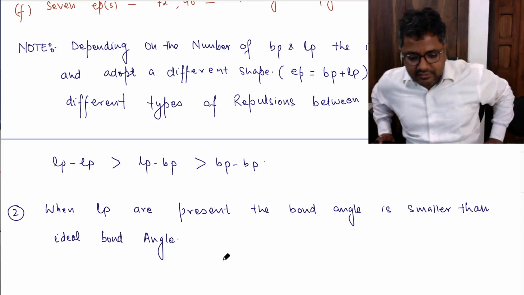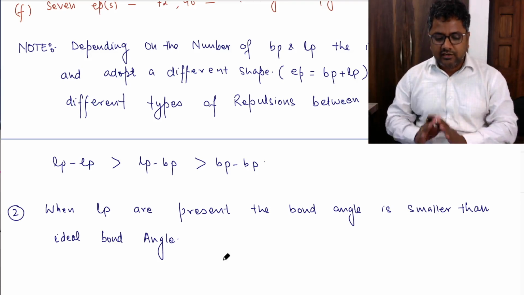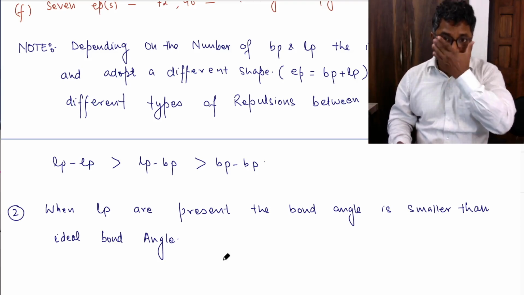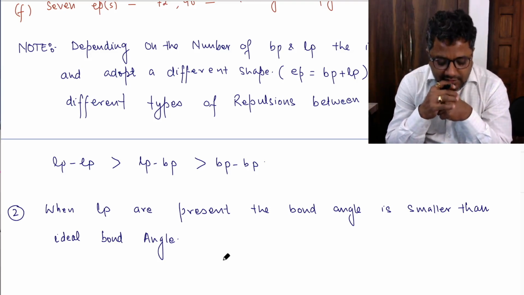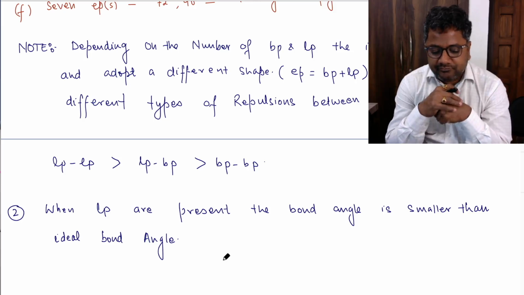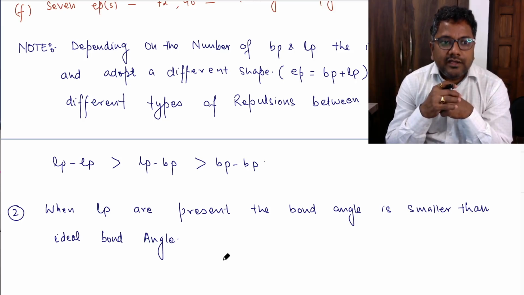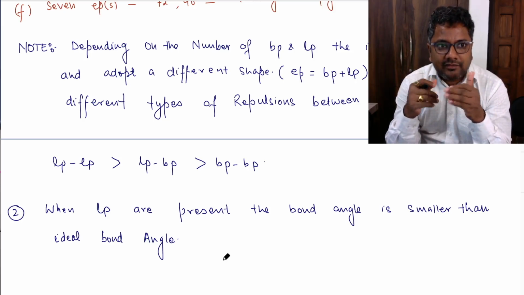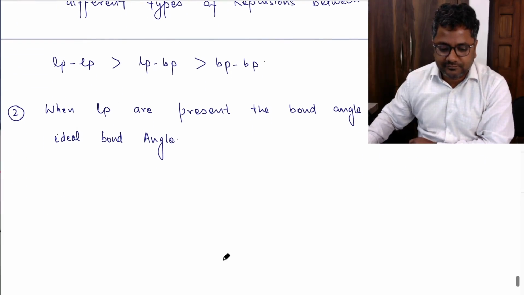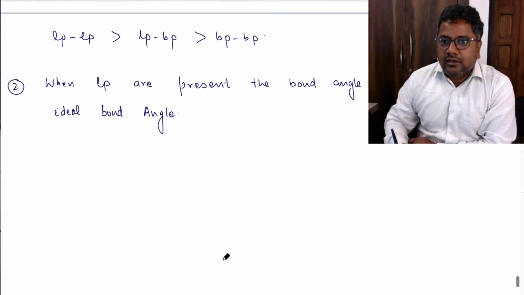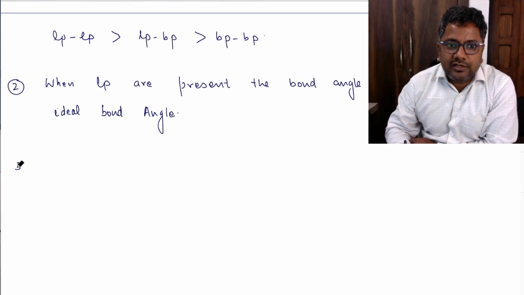So this is the second point. And if all sides are equivalent, then the lone pairs will occupy trans positions to each other, right? Trans to each other.